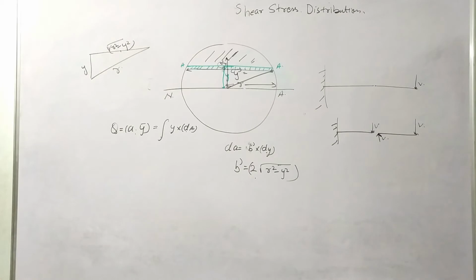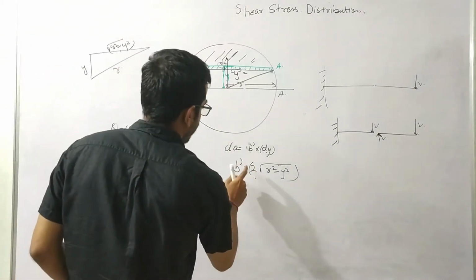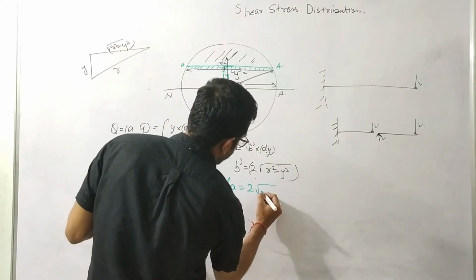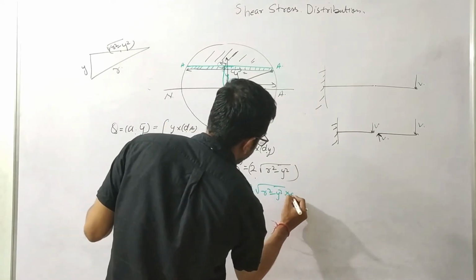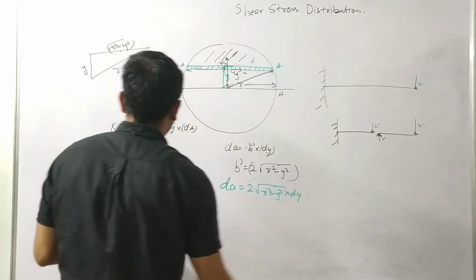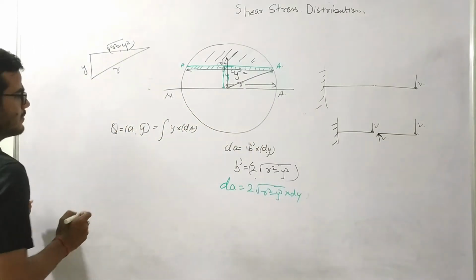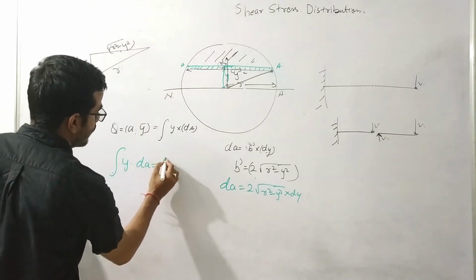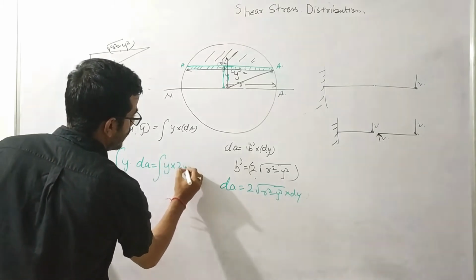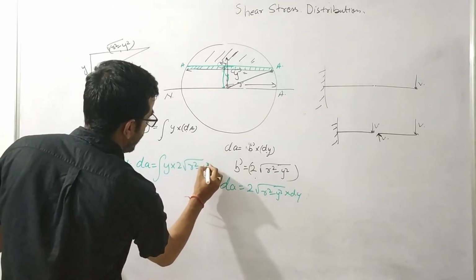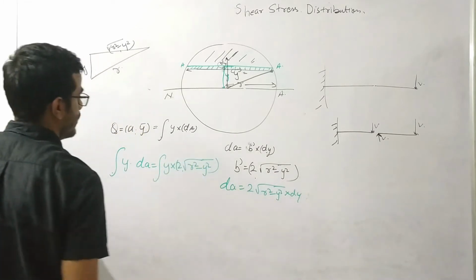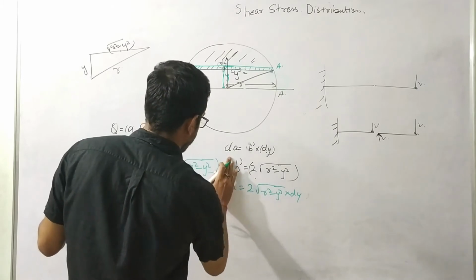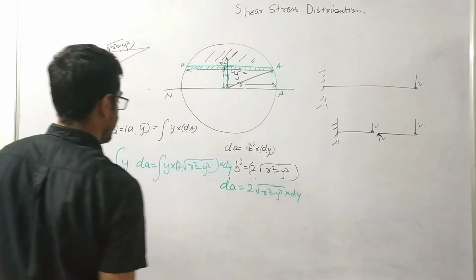So now B is decided at this level. dA is B into dy, which is 2 under root R square minus Y square into dy. Right? Now, if I integrate this thing, y dot dA is equal to y into 2 under root R square minus Y square into dy.